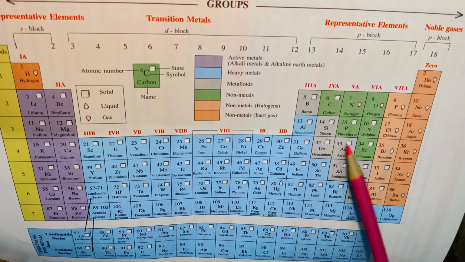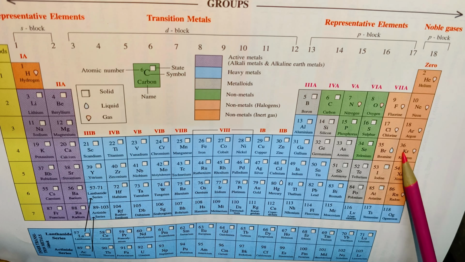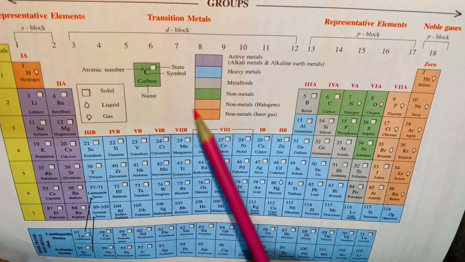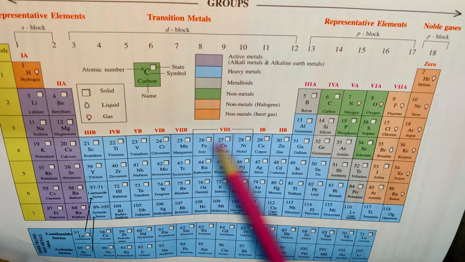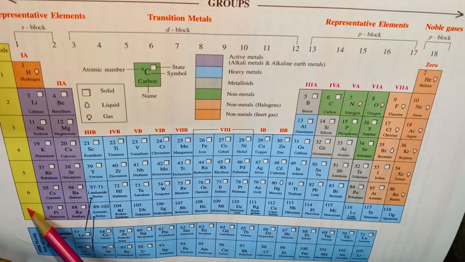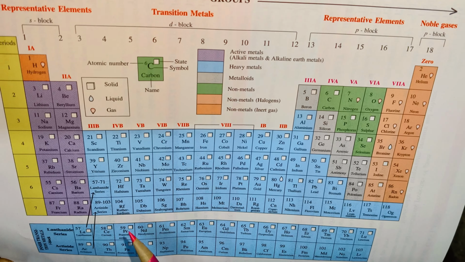Means the horizontal rows are called periods. Here 7 horizontal rows are there, 1, 2, 3, 4, 5, 6 and 7, called periods.